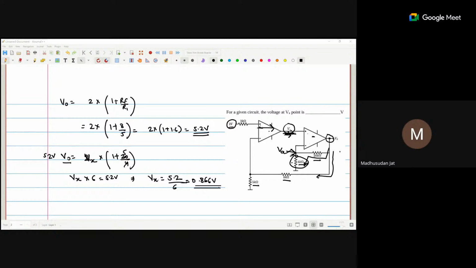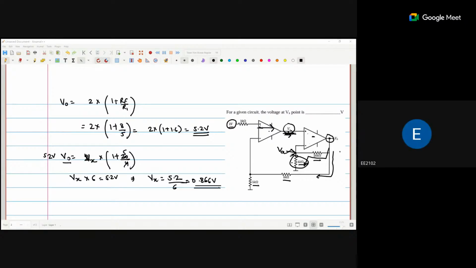Sir, can you explain what is AC coupling? Yes, any doubt?